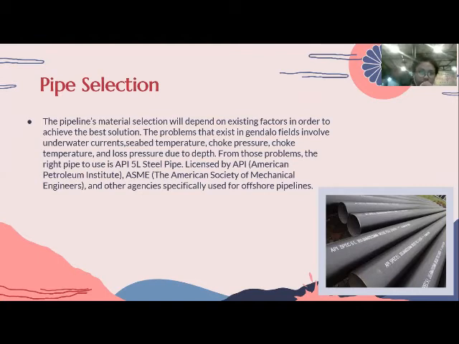The problems that exist in Gendalo field involve underwater currents, seabed temperature, choke and loss of temperature due to depth. From this problem, the right pipe to use is API 5L steel pipe, licensed by API or American Petroleum Institute, ASME or the American Society of Mechanical Engineers, and other agencies specifically used for offshore pipeline.